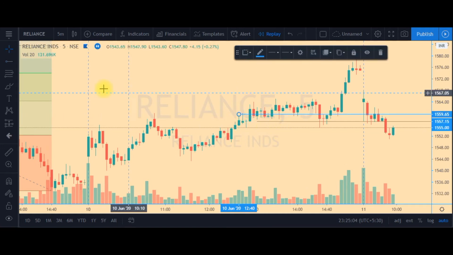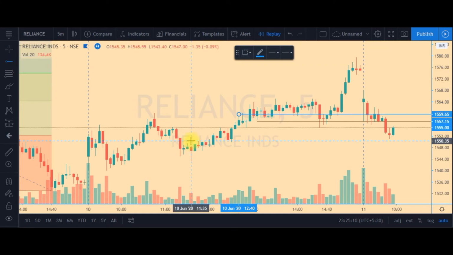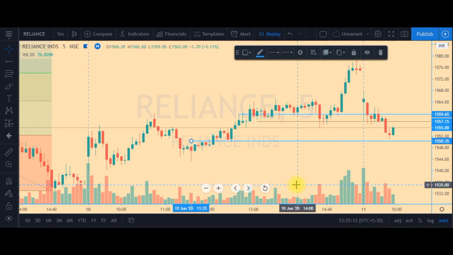I kept my stop loss over here, and my target I kept somewhere here. The RR was more than 2:1. I was very comfortable with the trade because it was confirming my view.